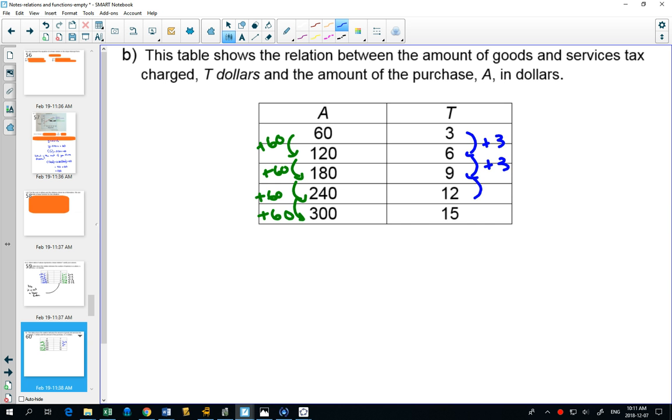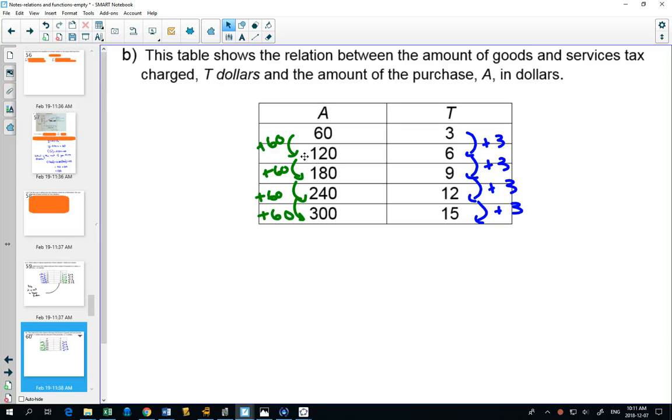And my dependent variable is going up $3 every single time. GST is 5%. 5% of 60 would be $3. And it looks like every time you pay another $60, do you have to pay another $3 in tax?